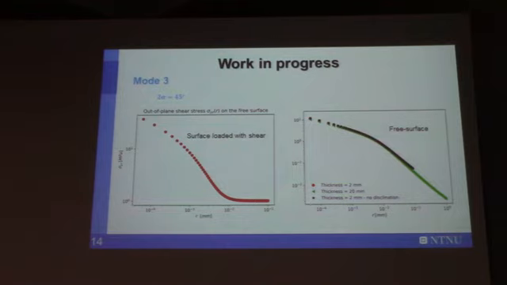So this is the behavior of the same component of stress on the free surface for two different thicknesses, and for no rotation. It means that when you have any mode of loading of a notch or a crack, you have both a translation of the element near a crack and a rotation.